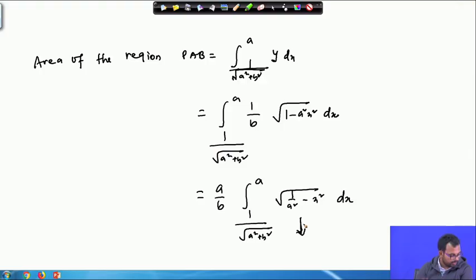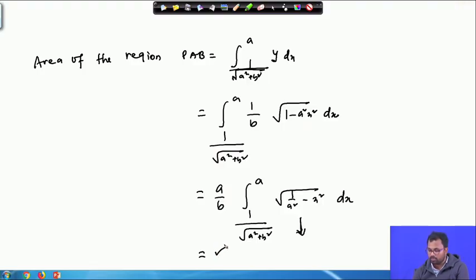If we integrate this, the first part will reduce to x times the square root of 1 by A square minus x square, divided by 2, plus 1 by A square times sine inverse of x by 1 by A.